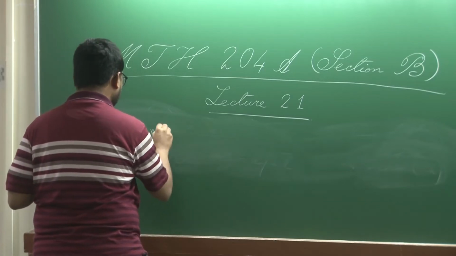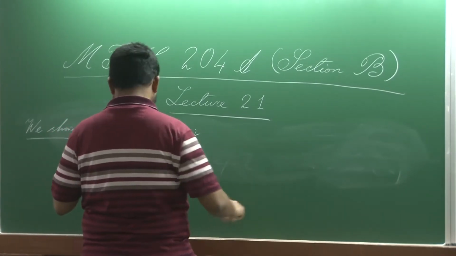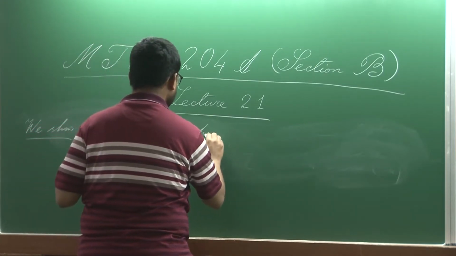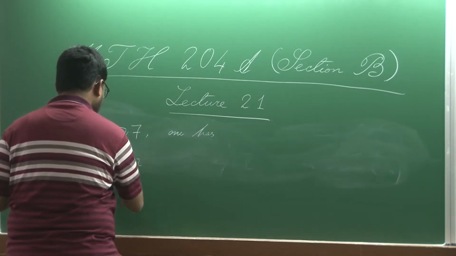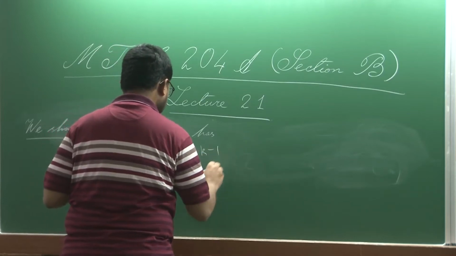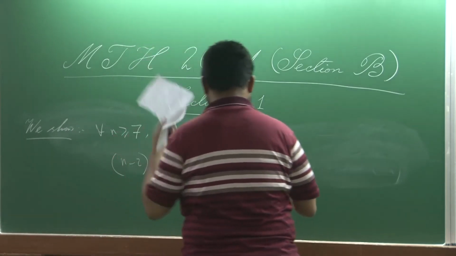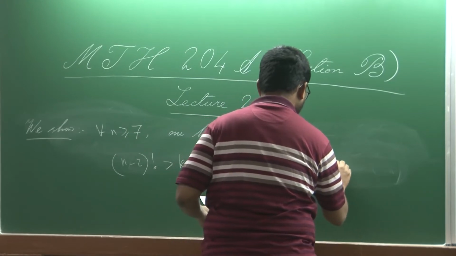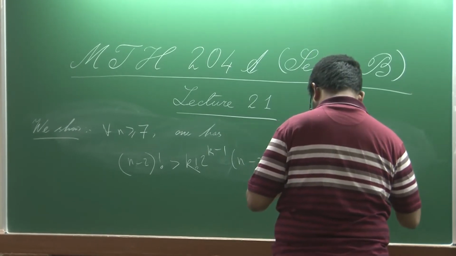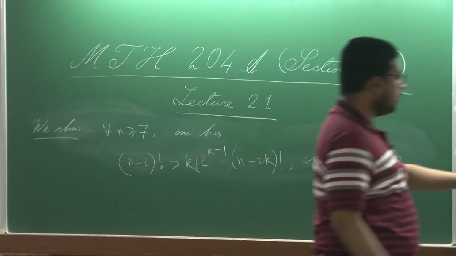So, for all n greater or equal to 7 and k greater or equal to 2, this is the statement which we will be proving: (n minus 2) factorial is strictly greater than k into k factorial into 2 to the power k minus 1 into (n minus 2k) factorial, whenever k is greater or equal to 2 and 2k is less or equal to n. Okay. This is what we will prove, that this side is strictly bigger than that.